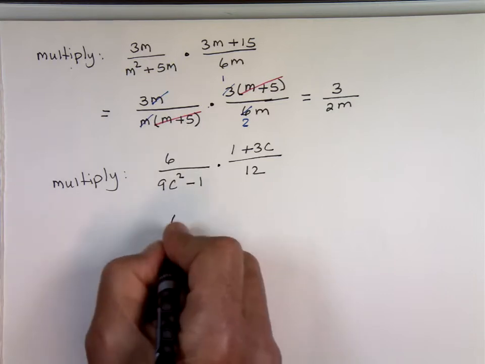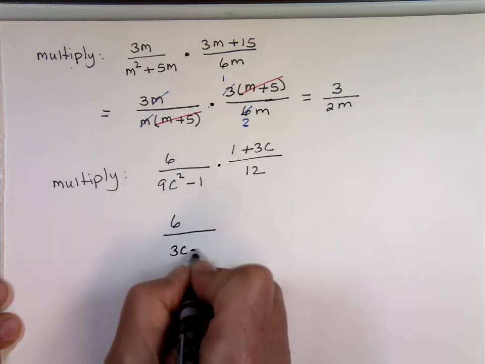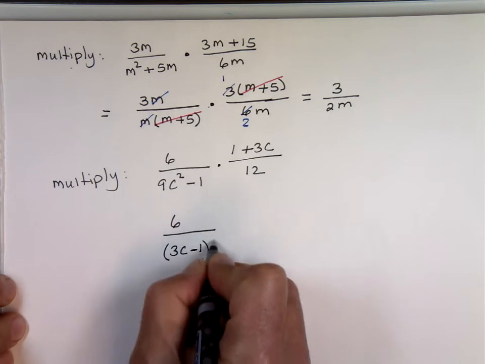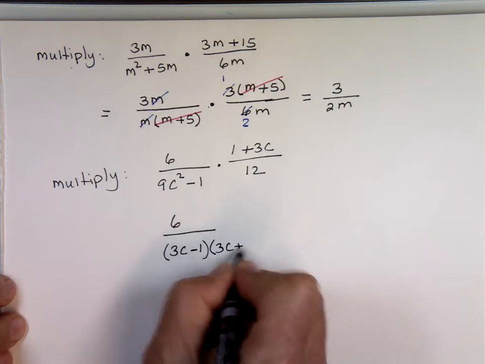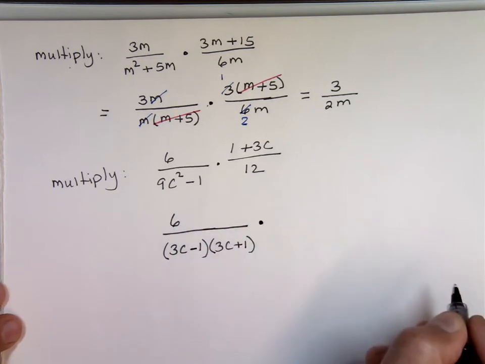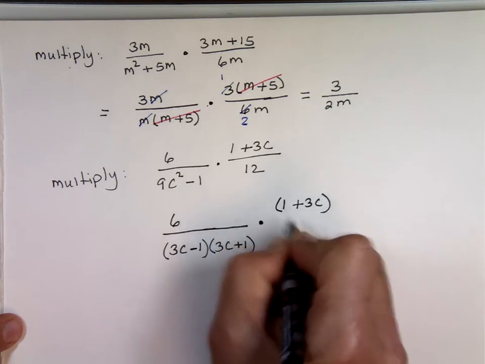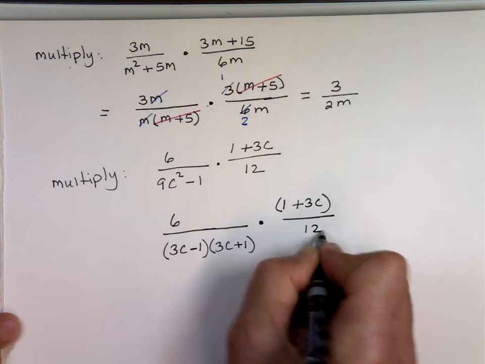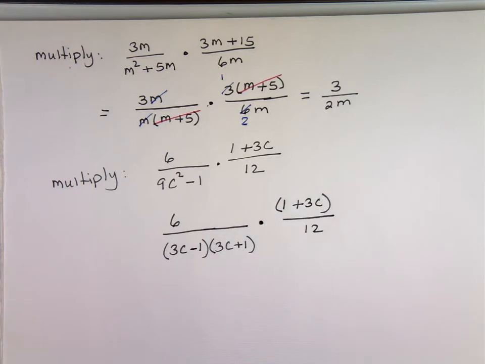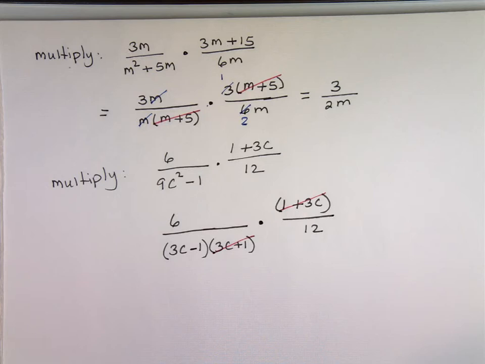Factor again. 6 over, this will be 3c minus 1 times 3c plus 1. That's the difference of two squares. Times 1 plus 3c over the 12. And 1 plus 3c and 3c plus 1 are the same thing. They're not backwards, so I'm not going to put a minus 1. It's a plus.